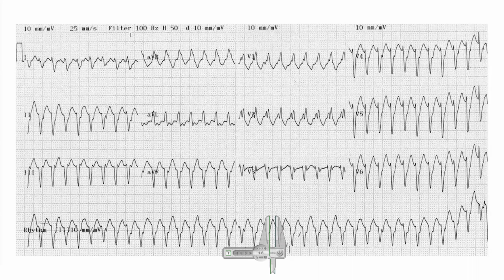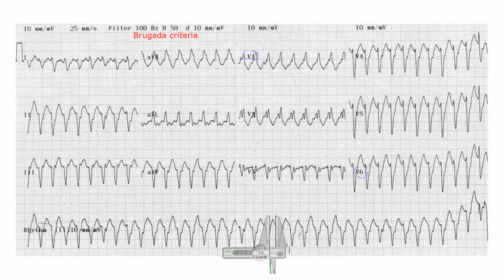So there is what is known as a Brugada criteria that will help us determine whether a tachycardia is ventricular tachycardia or supraventricular tachycardia with aberration. So the first criteria is to look at all the V leads, from V1 to V6.